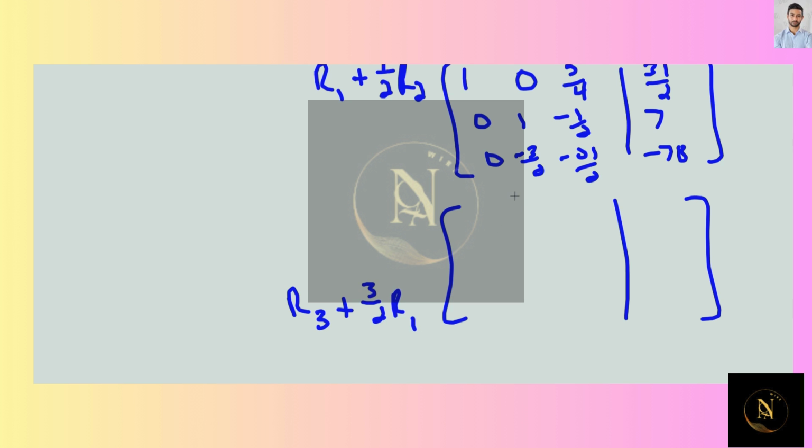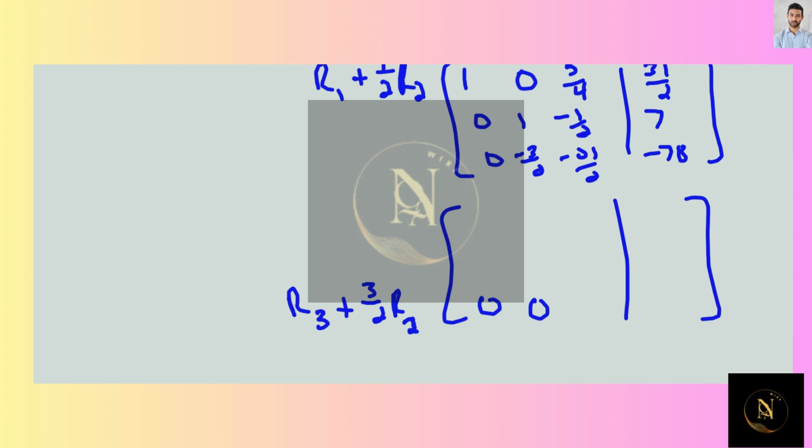So we'll get -3 halves plus 3 halves, which would be 0. Then we'll get negative 21 halves plus 3. I meant 3 halves of row 2. Sorry about that.